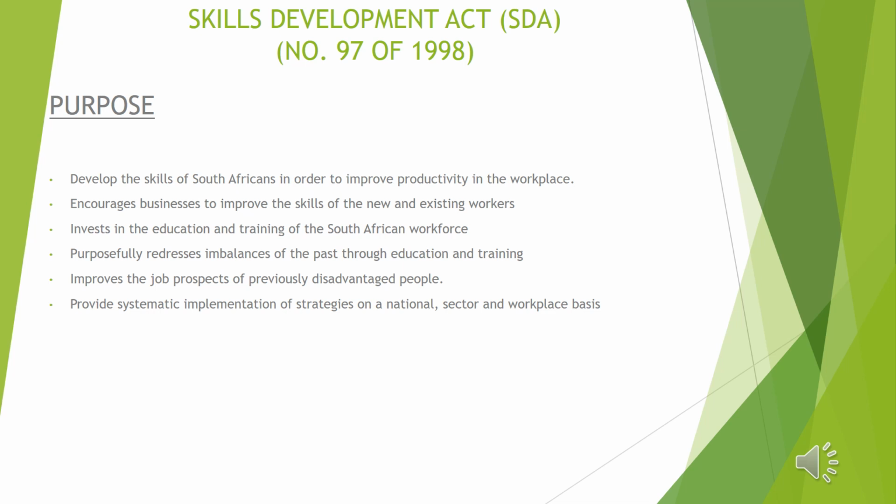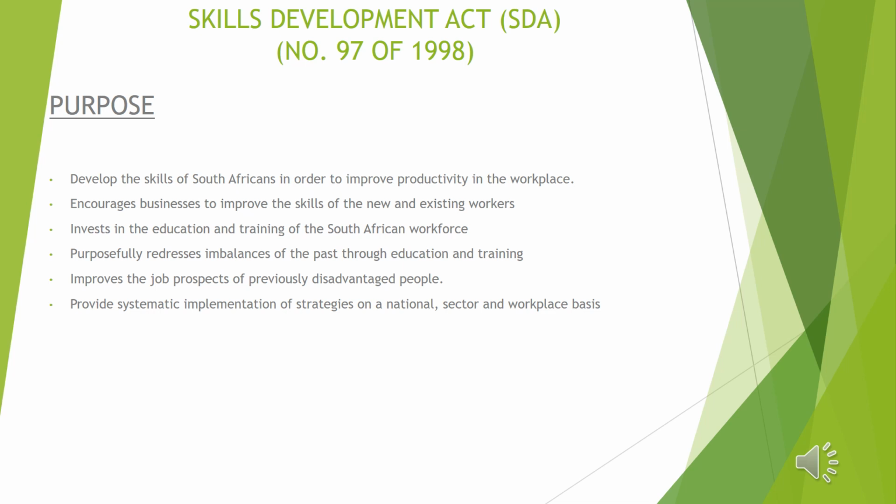Lastly, the purpose is to provide systematic implementation of strategies on a national, sector, and workplace basis. Remember, the government strategy is to make sure that inequality is reduced or diminished by empowering those who were previously disadvantaged.